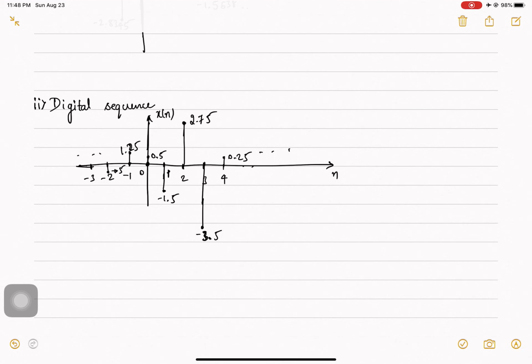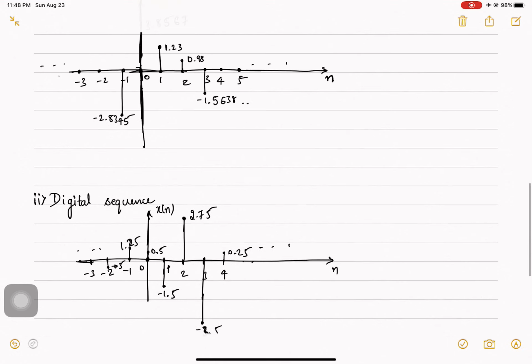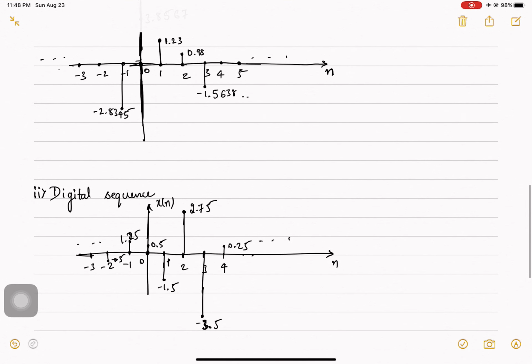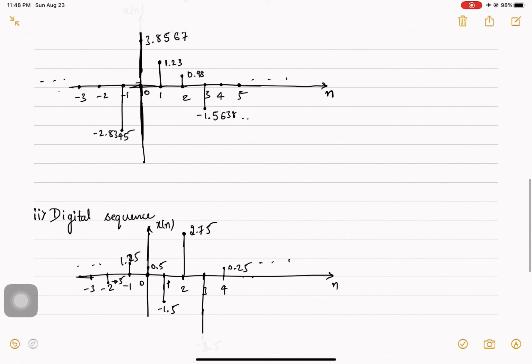So if you notice the difference between the discrete time sequence and the digital sequence here, your y values in the discrete time case were taking any value on the y-axis, so there was no restriction as such. But if you notice the values of the y-axis in a digital sequence, they are taking values which are integer multiples of 0.25.